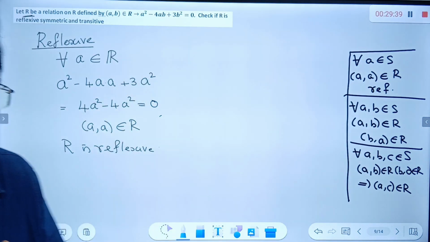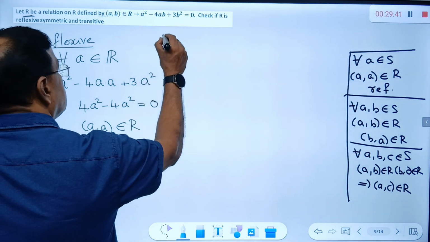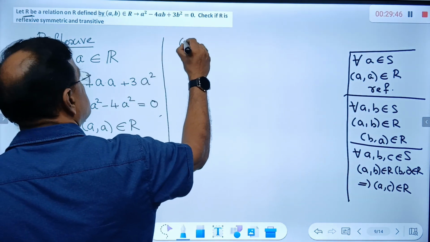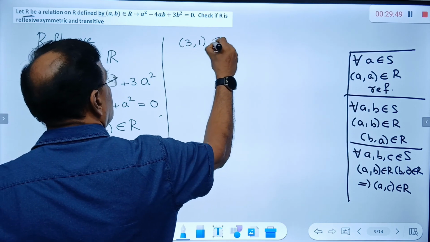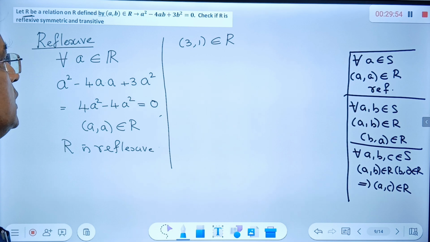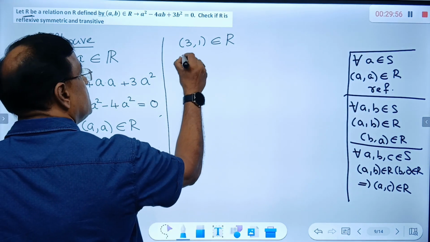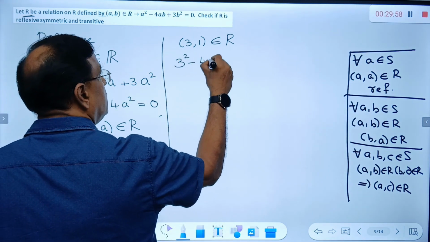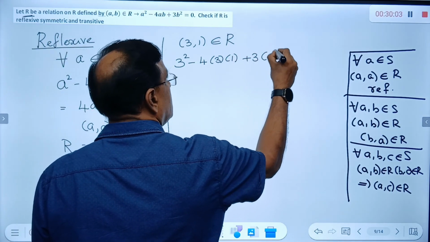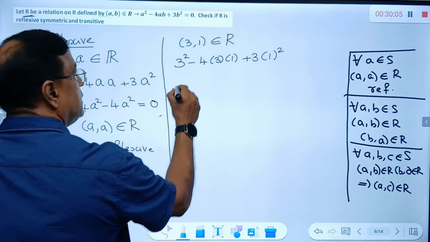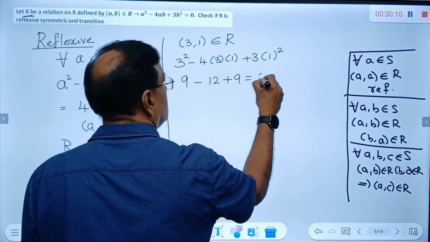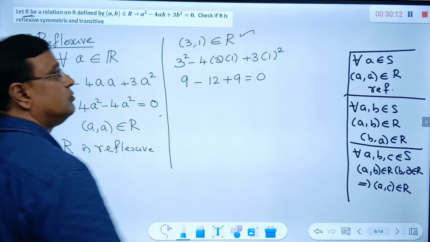Now you have to go for symmetric. How do I go for symmetric? I will take one example. I will take (3, 1) belongs to relation R. That means 3² − 4·3·1 + 3·1², which is 9 − 12 + 3, which is 0. Therefore, this condition is true.